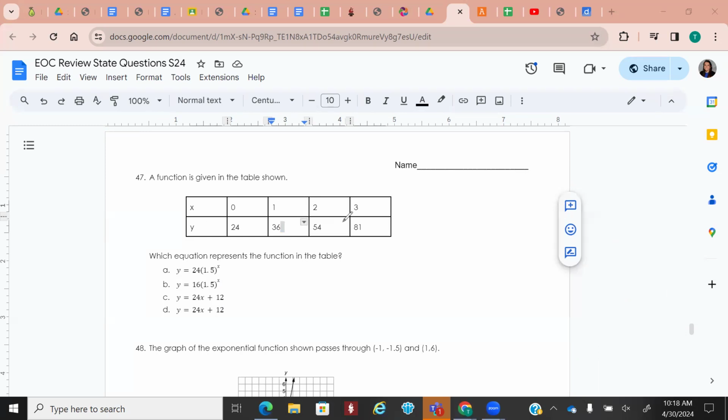And it has to work for all those numbers. So if I plug 0 into this one, I get 24. If I plug 0 into this one, I get 16. I can go ahead and mark that one off. If I plug 0 into here, I get 12. If I plug 0 into this one, I get 12. Already it's A. Okay? And again, didn't have to do a whole lot of math.